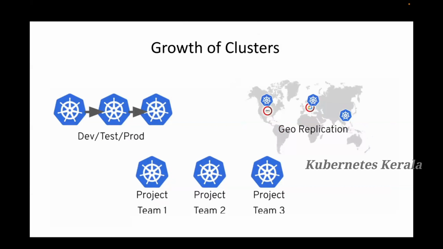Yeah, at the geo replication. So there could be many scenarios where we would have to replicate or deploy certain applications in geographically different regions, right? That would again end up with multiple clusters.